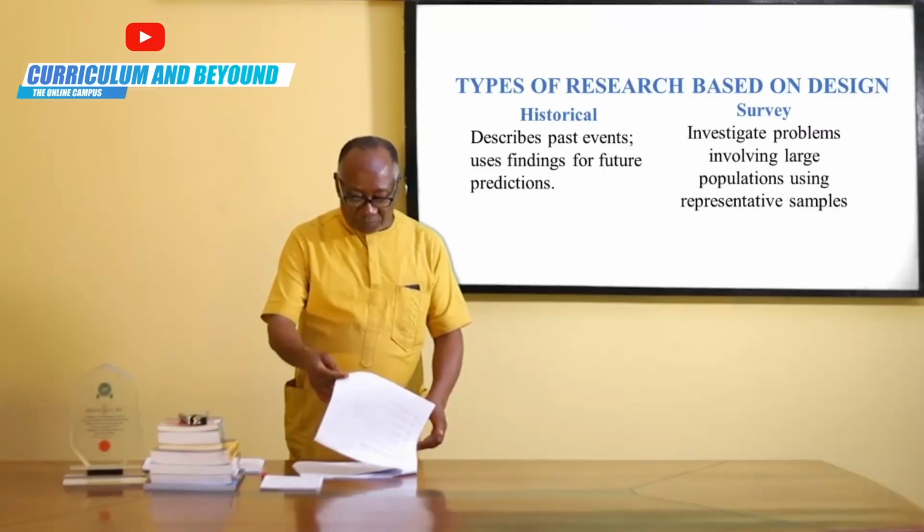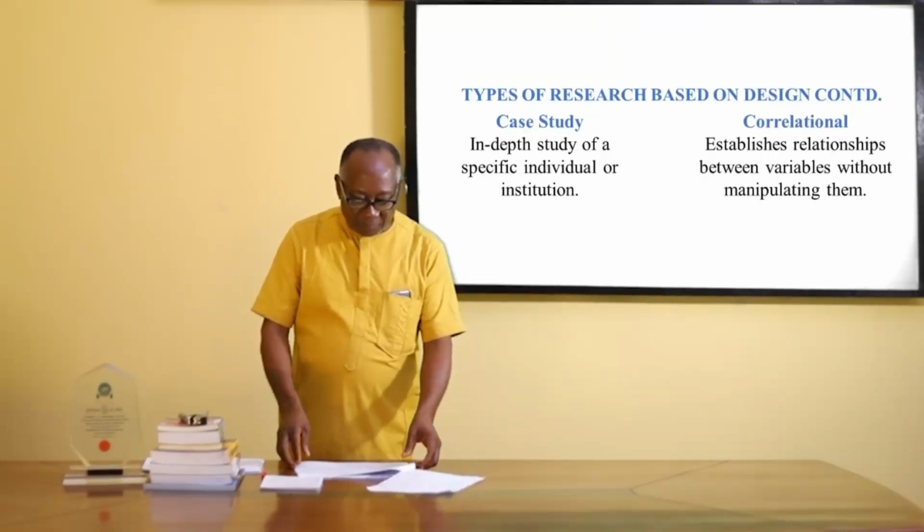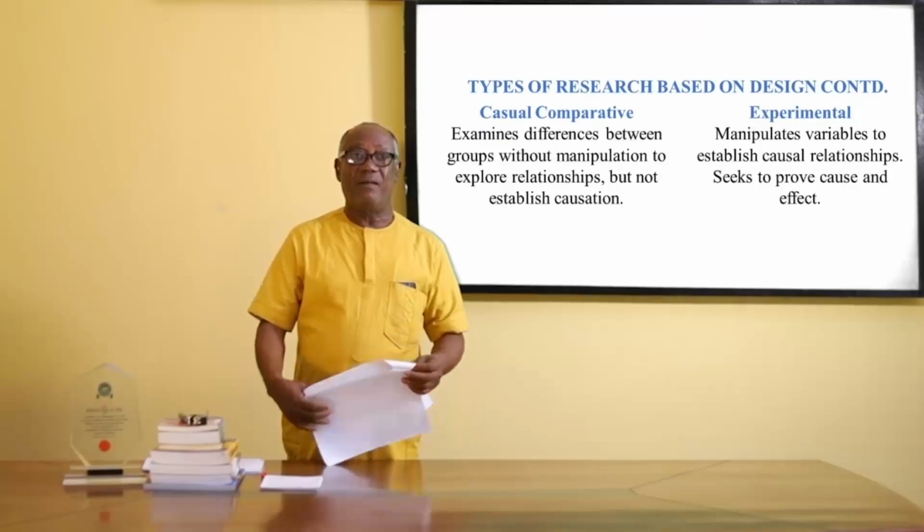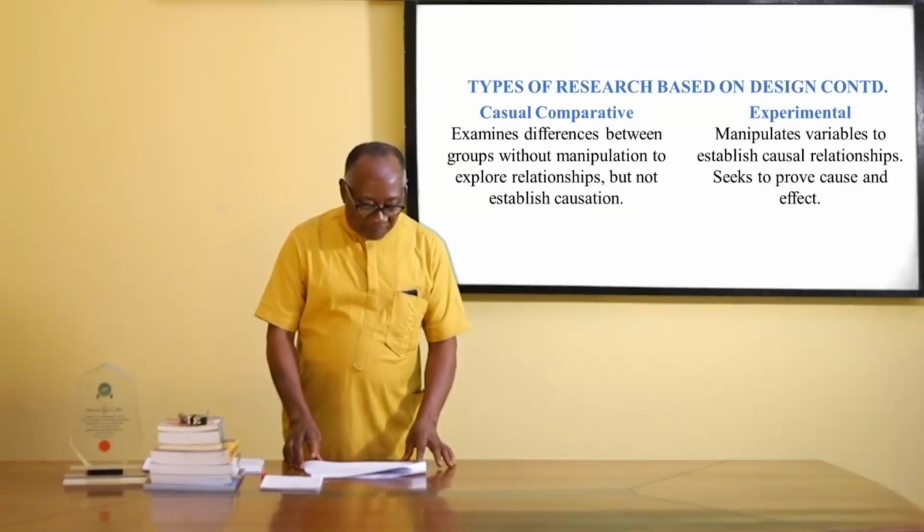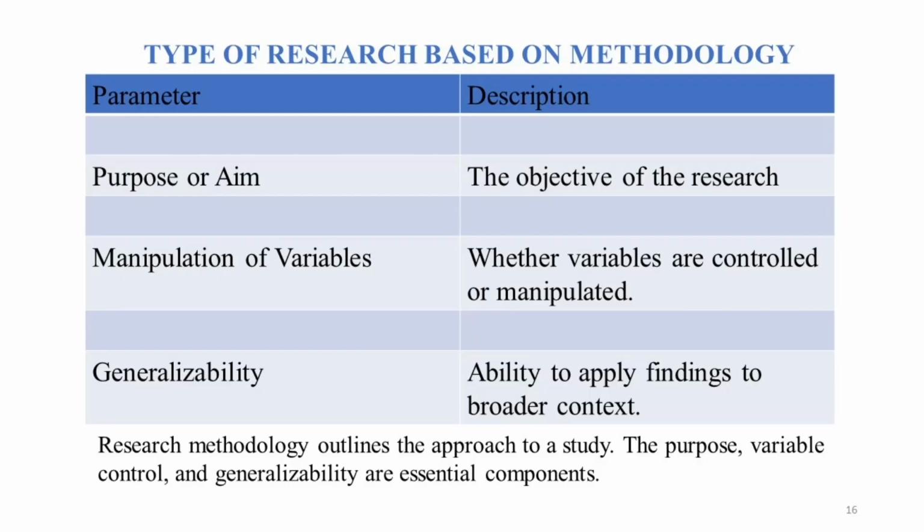We are going to explain all this briefly. I have provided parameters by which research types can be explained based on design. One of them is the purpose or aim. Two is whether you manipulated variables. And three, whether there is generalization of results.